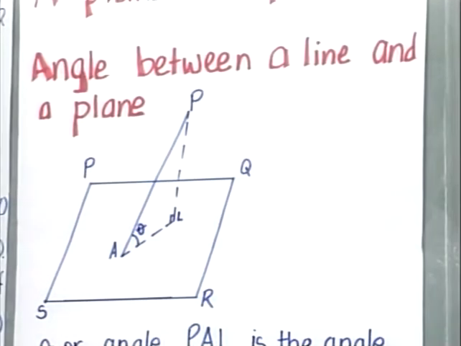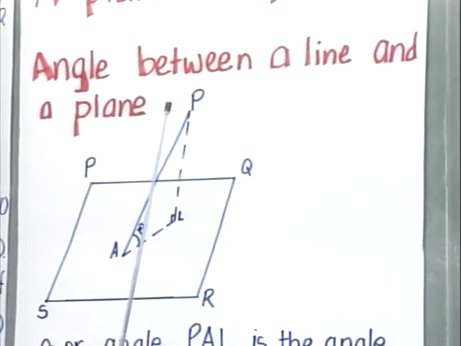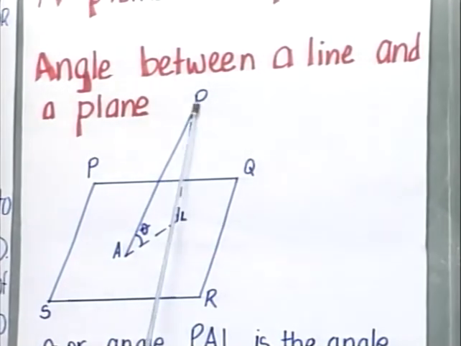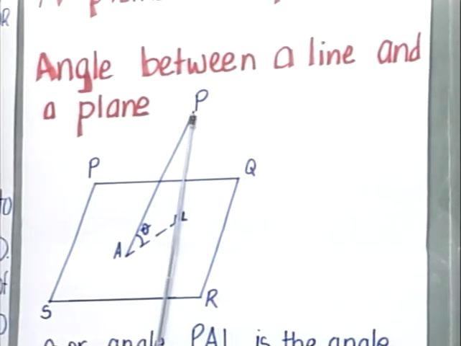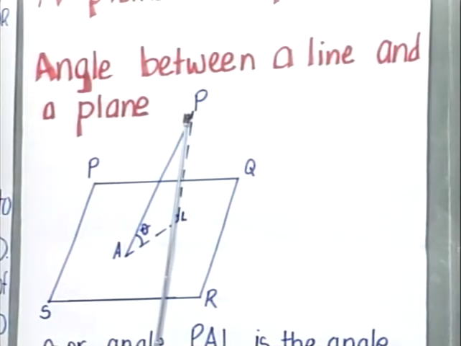What we do is draw a perpendicular line, a vertical line from P to the plane PQRS.